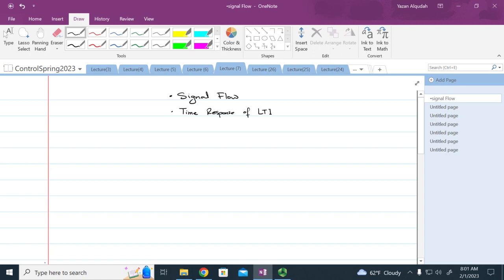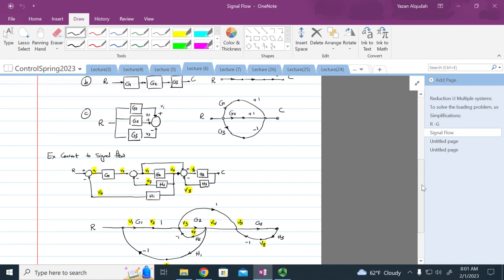In the previous class, we looked at taking a block diagram and generating the signal flow from it, and hopefully the conversion from block diagram to signal flow is straightforward. We're going to do examples, and if there are some tricky points, we will point them out.